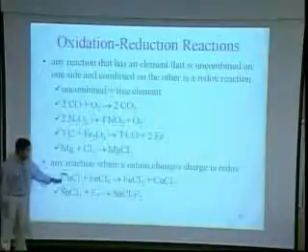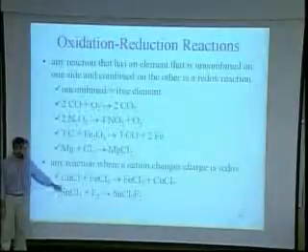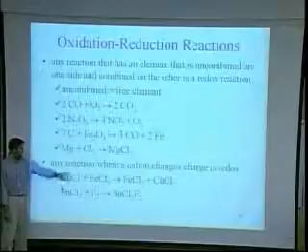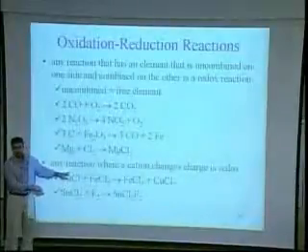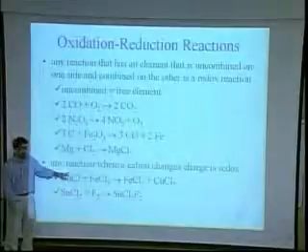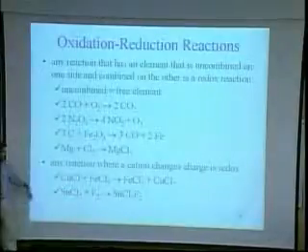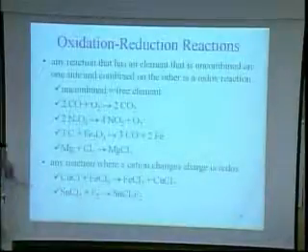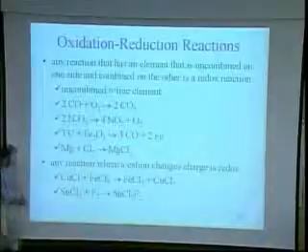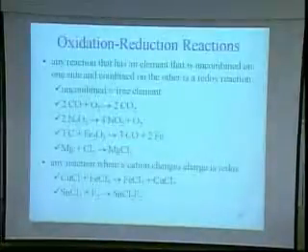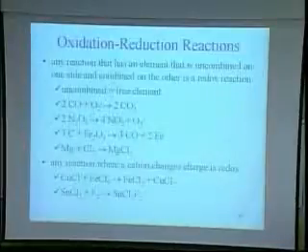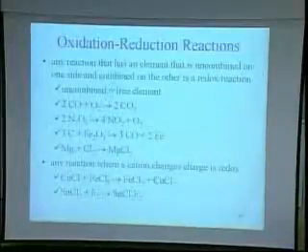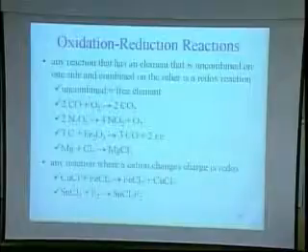And then this goes with a cation changing charge, like we just talked about. Okay, look at it. Cu went from 1 positive here to 2 positive over there, right? It had to have lost electrons, so it was oxidized. You can do the same thing down here. It's a little more complicated, but it doesn't really matter. You can still figure it out. What's the charge of 2 Cls together?